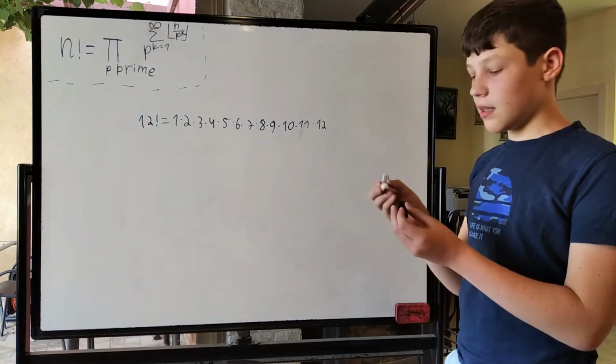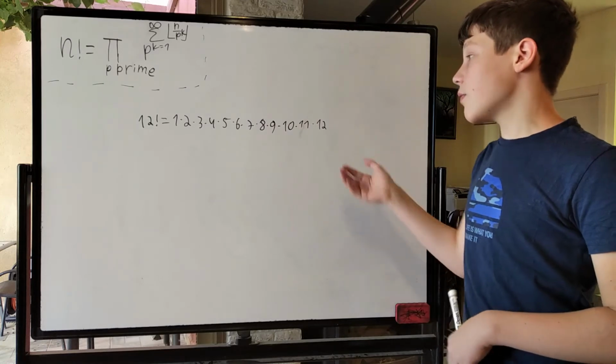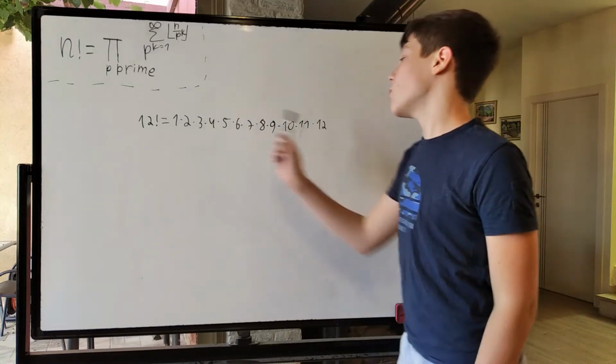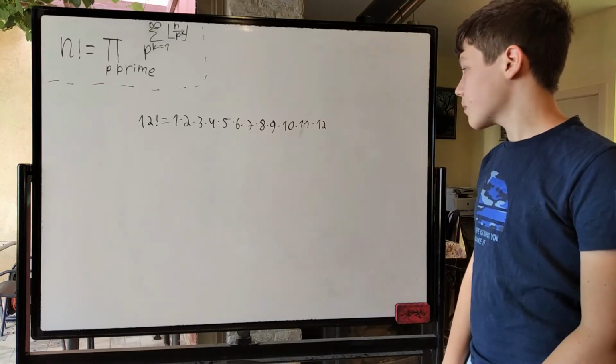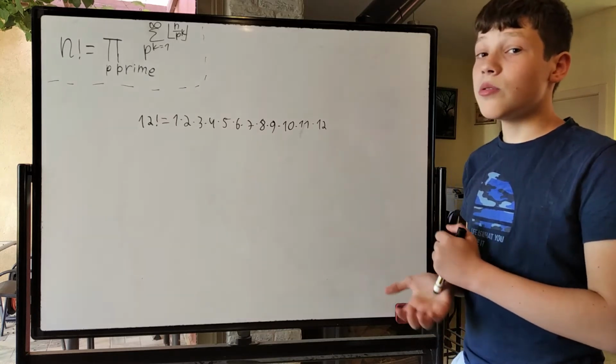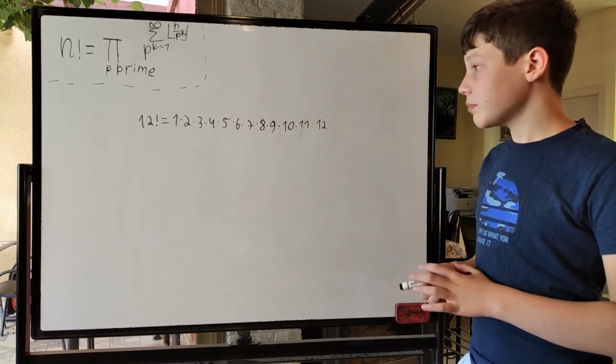Okay, so this is the definition of the factorial, multiplying each positive integer from 1 till that number. So this is 12 factorial, and we want to find the power of 2 in its prime factorization.